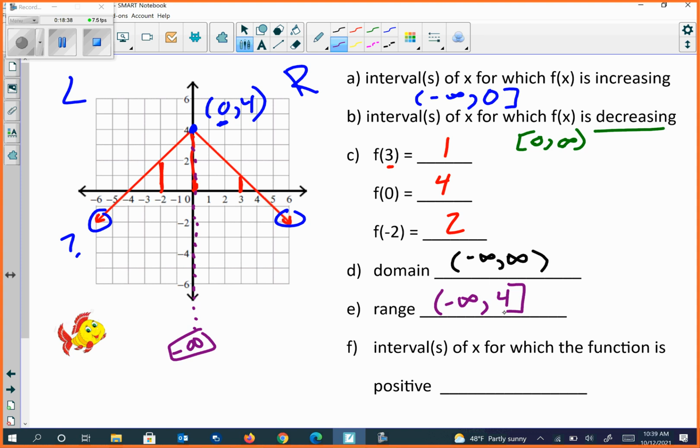Okay? And then we want to know where the interval is positive. Positive meant what? Above the x-axis, to the right of the y-axis, below the x-axis, to the left of the y-axis. What do you think?